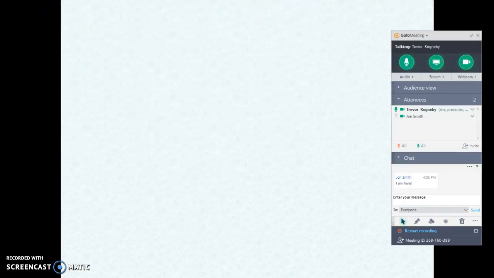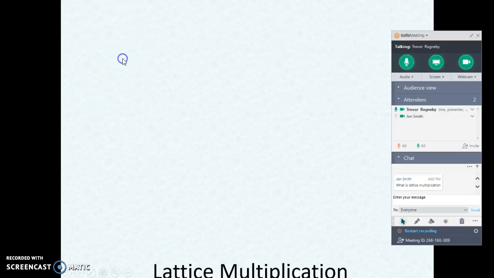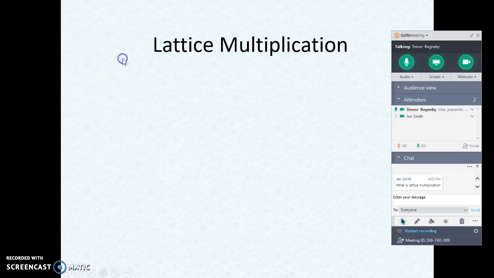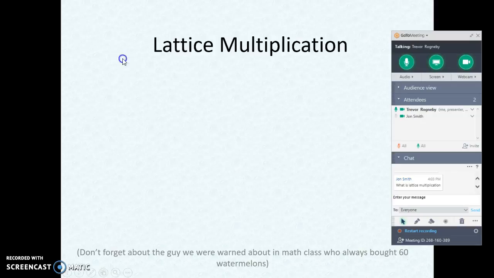So today I'm going to go over how to do lattice multiplication. And what is lattice multiplication, you ask? Lattice multiplication is a different way of doing your times tables.